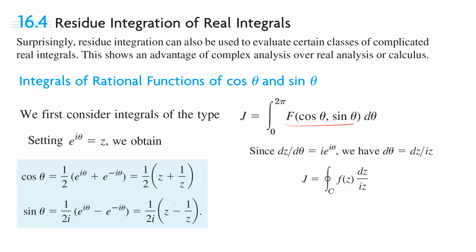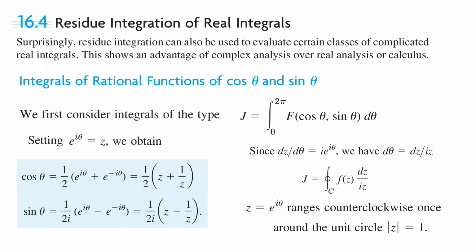And then z goes over the unit circle. So z equal to e to the i theta ranges counterclockwise once around the unit circle, absolute value of z equal to 1. Then we can write this as 2 pi i times the sum of the residues inside the unit circle.